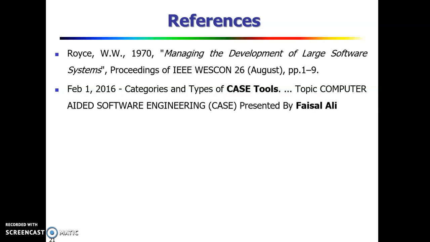CASE tools are very important in today's scenario from a development point of view. The RAD model, prototype model, incremental model, as well as the spiral model can use CASE tools.